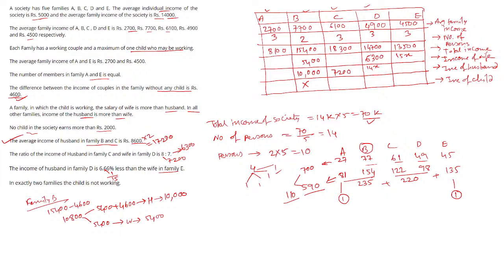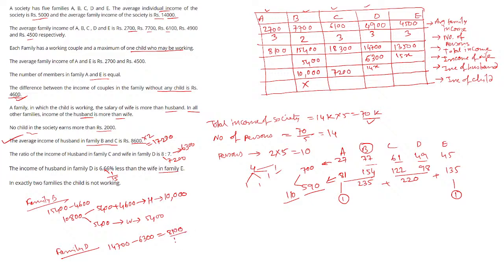Now tell me one thing, that 6300 is here, right? What is the difference in family D? 14,700 minus 6,300. The difference is 8,100.